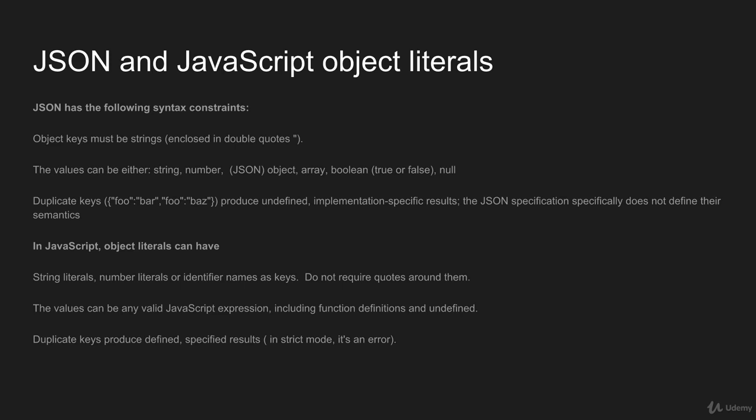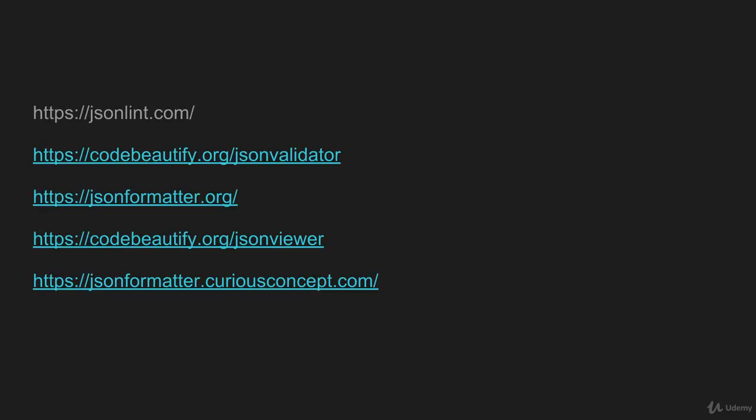The way it handles duplicate keys is also slightly different. And of course, in JavaScript literals, we can have things like functions, and we don't have to have quotes around them. So there are obvious differences. You can't always take a JavaScript object and dump it in and use it as JSON format. So something to keep in mind. And of course, we are going over this in the upcoming lessons.